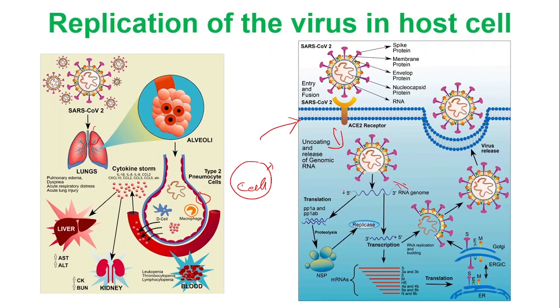As I said earlier, this is the RNA; the single-strand RNA comes out and makes copies of itself using the transcription machinery. It makes several copies, which are then released out of the cell, and again it infects another cell. Like this it goes on.